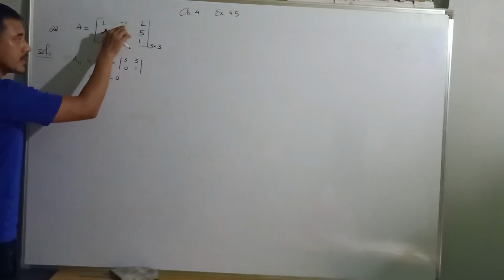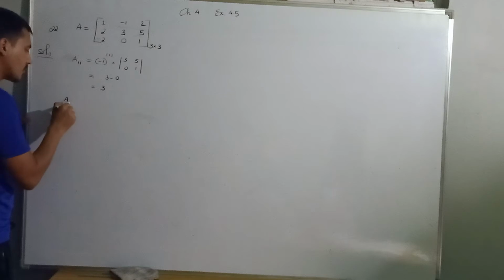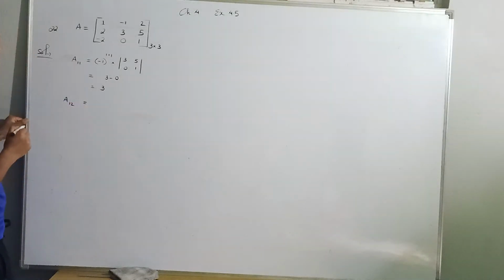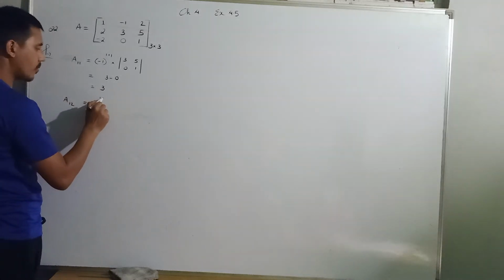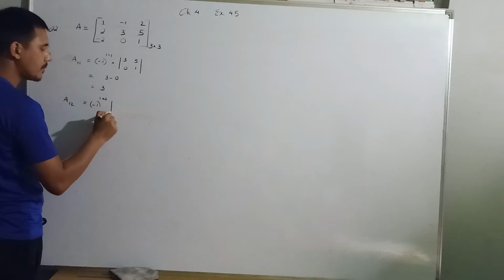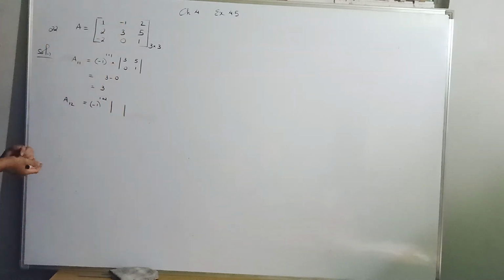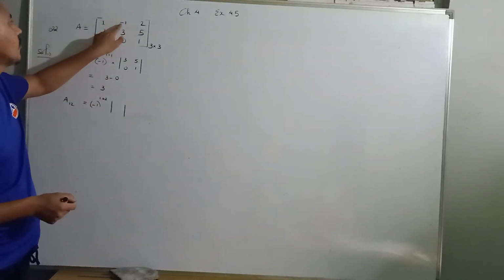So the cofactor of this element, minus 1, which belongs to first row and second column. The definition says minus 1 to the power 1 plus 2 times the minor of this element. Minor of this element means the determinant obtained by neglecting the row and column in which this element lies.